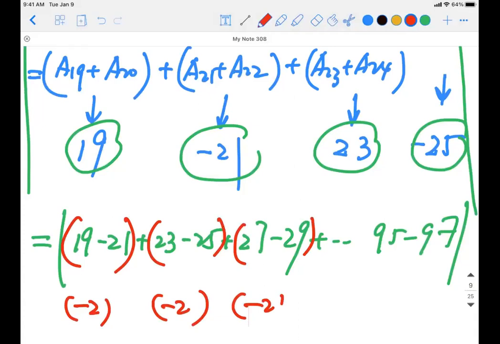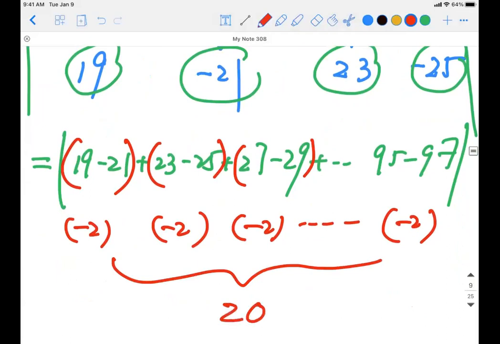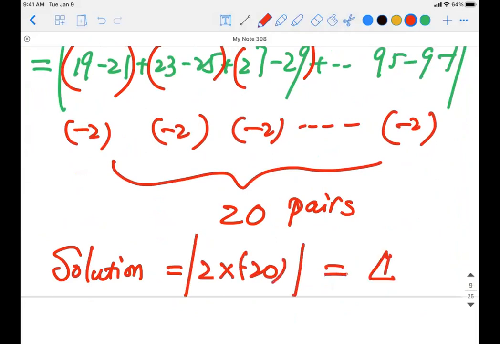This together, minus 2. All the way, the last one is also minus 2. There are 20 pairs. So the solution will be 2 times 20. You put an absolute value, and it equals positive 40. That's it.